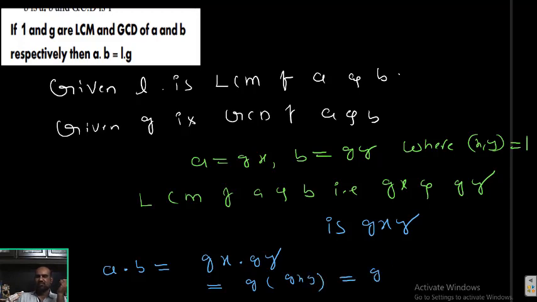That is equal to G into, just now I proved that GXY is nothing but the LCM. Therefore finally what I got? A into B equals L into G. Means if two numbers are given, their LCM is L and their GCD is G, so the product of two numbers equals the product of LCM and GCD.